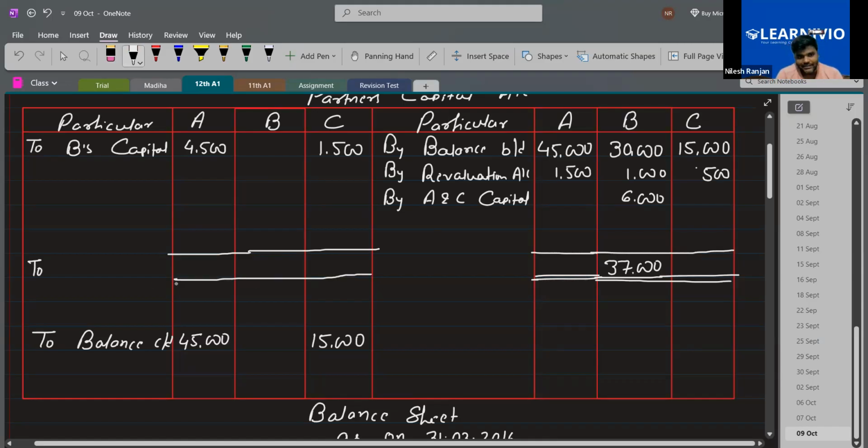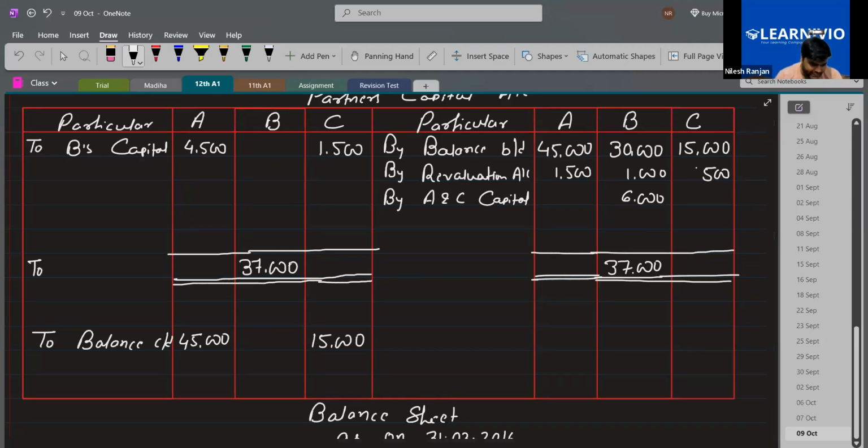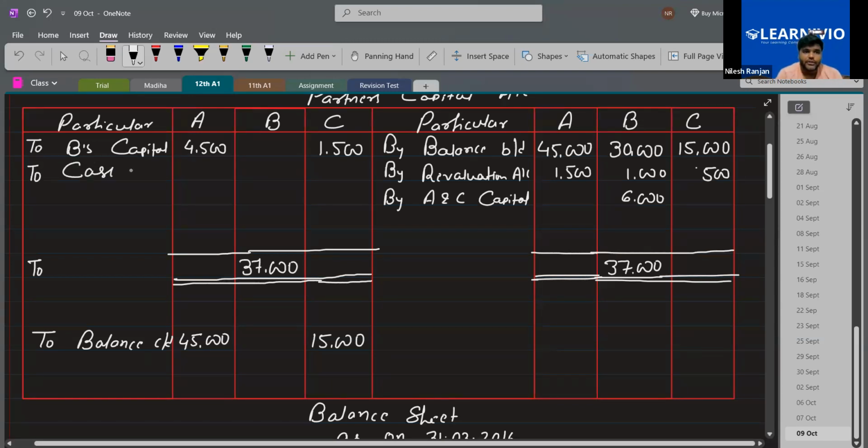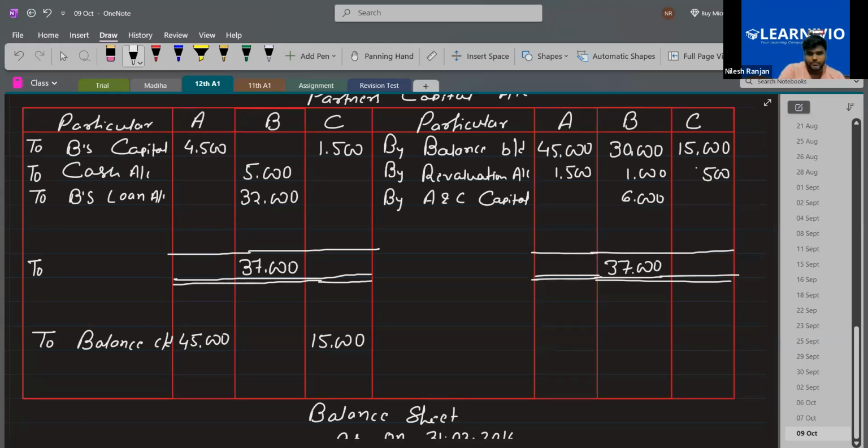When I make one mistake in calculation, it keeps repeating. So 37,000, and it is written that 5,000 is paid immediately in cash and the balance will be transferred to his loan account. So to cash 5,000 and balance will be transferred to his loan account. So to B loan 32,000.